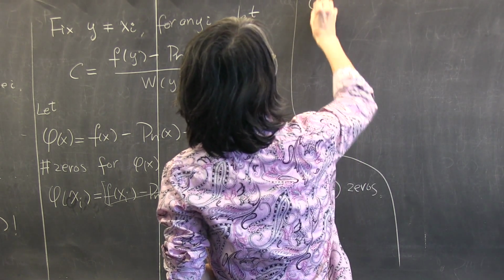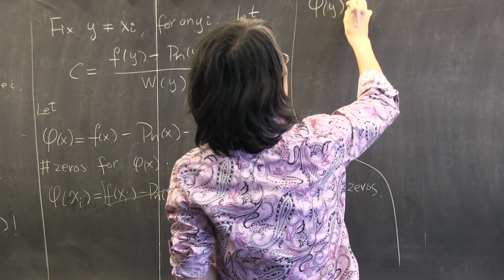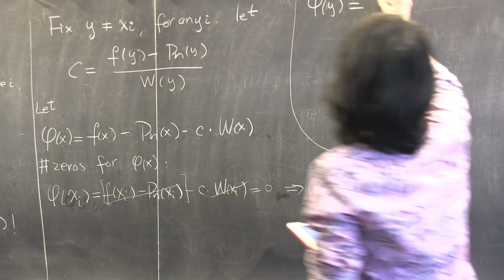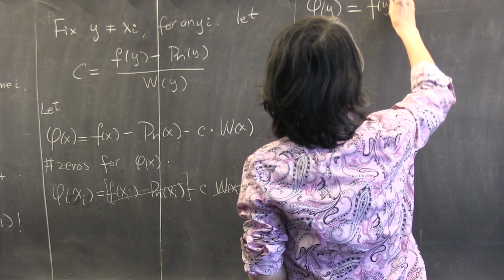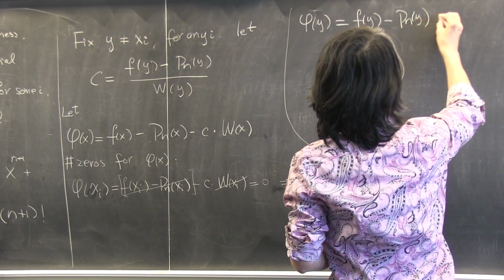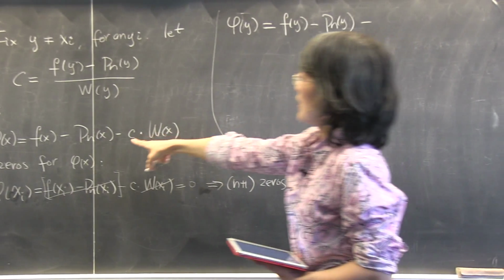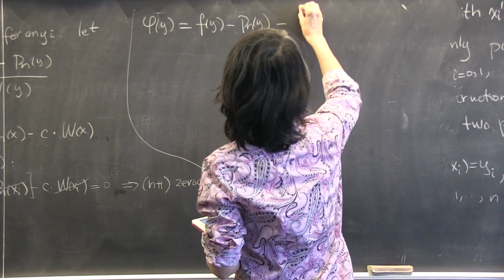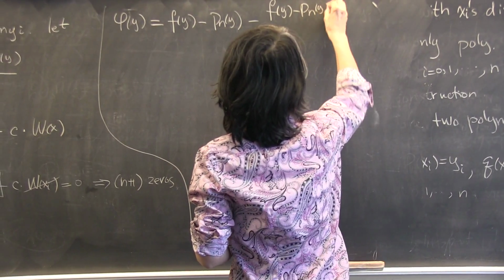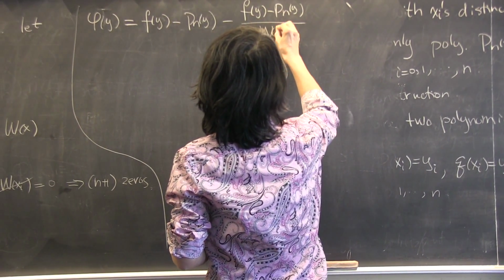There's one more. If I evaluate the phi at this point y, which is fixed for this argument, what do I have? I have f of y minus Pn of y minus c. Let's put the expression for c: f of y minus Pn of y over w of y.